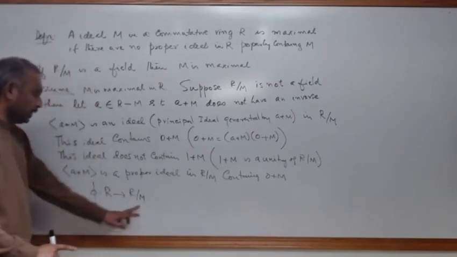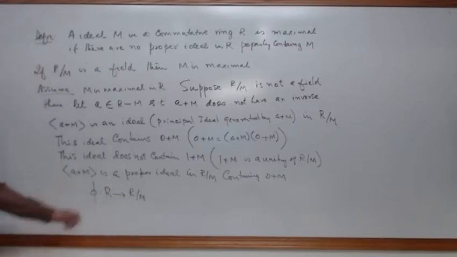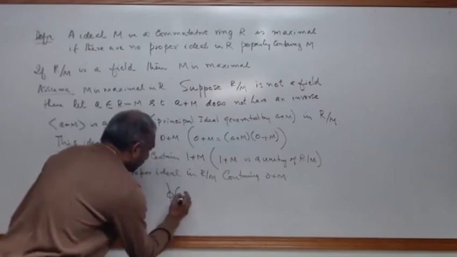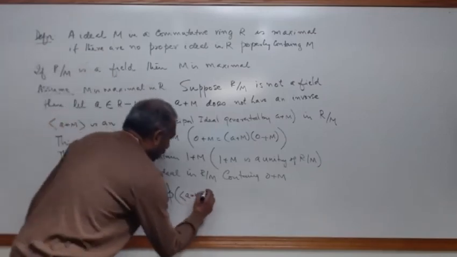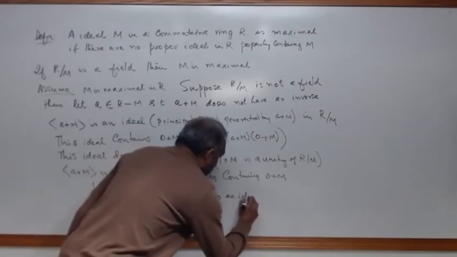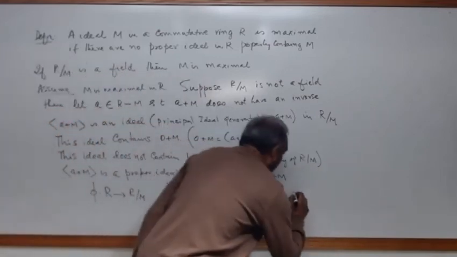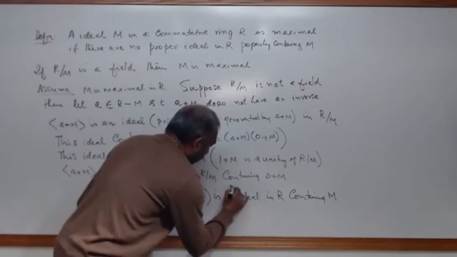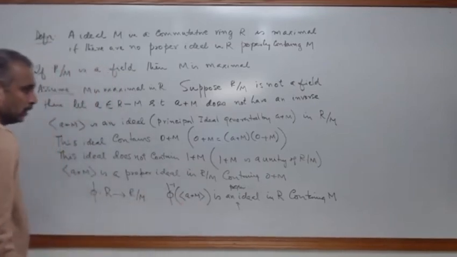It is an onto function, by the way, because every element of R by M has a preimage in R. So we can think about the inverse image of this ideal generated by A plus M. This is an ideal in R, because it contains M. It is a proper ideal, because the inverse image of 1 plus M is not in this. It's a proper ideal of R containing M.